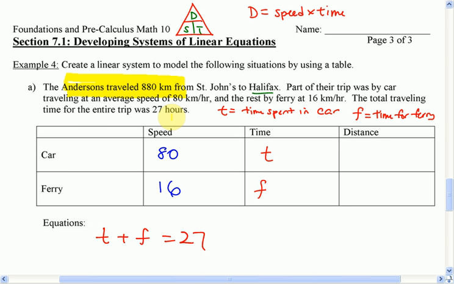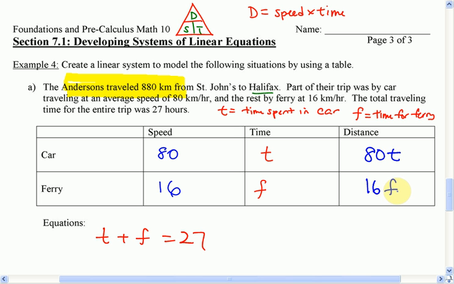Multiply. Distance equals speed times time. Distance of the car equals speed of the car times the time of the car. What's 80 times T? That's just 80T. So, what's the distance for the ferry? 16F. Nice.